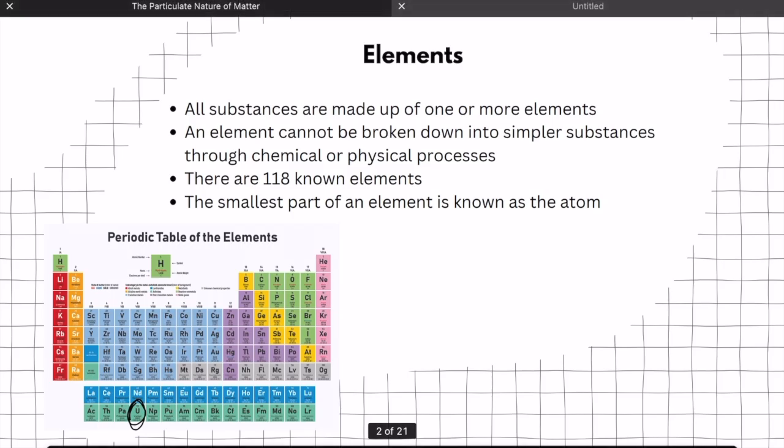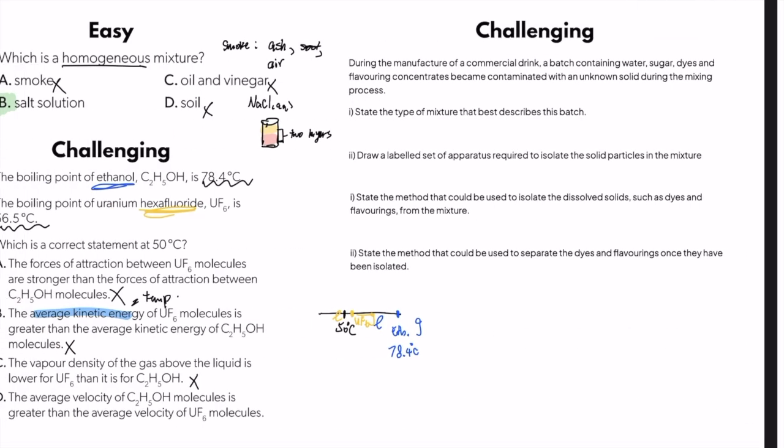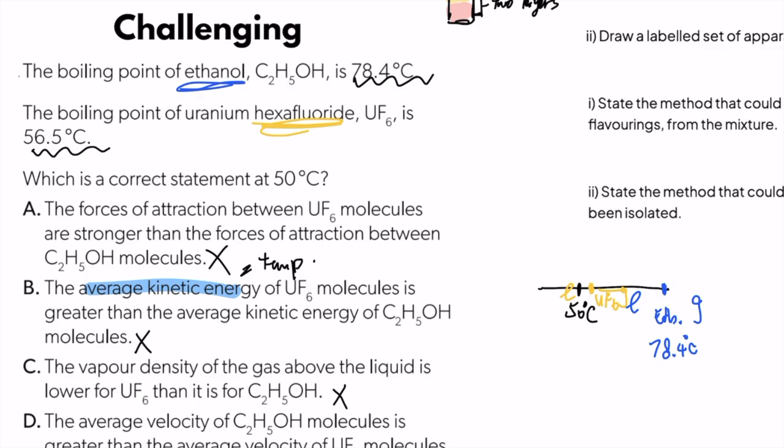And so we can deduce, through the molecular mass, that the larger a molecule is, the slower its velocity will be. So through that, we can deduce that the average velocity of ethanol molecules is greater than the average velocity of UF6 molecules. Therefore, D is correct.